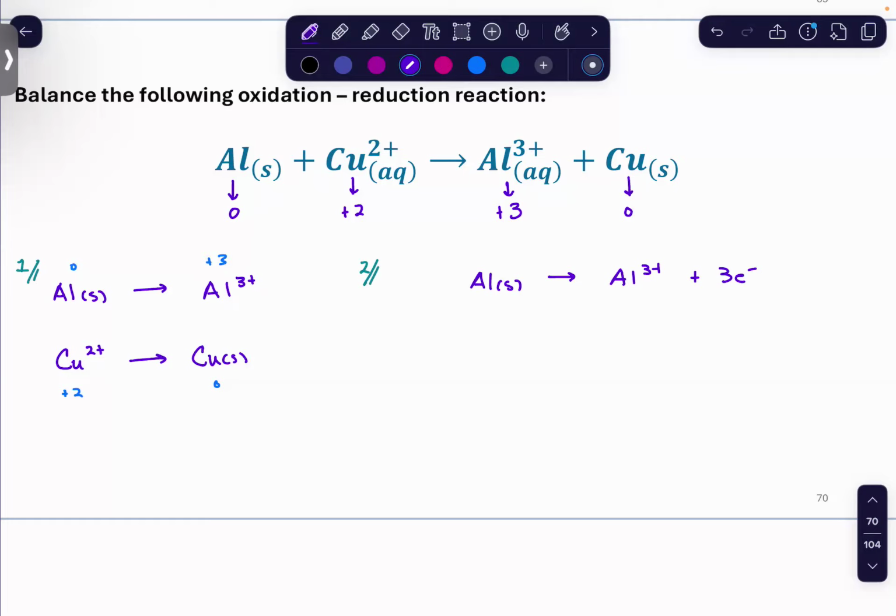So if I have +3 and then 3 electrons, -1, -1, -1, that's going to be neutral. So now both sides are neutral. That's what we're after. So that means for copper, I'm going to need 2 electrons on the left, because then that makes both sides neutral.